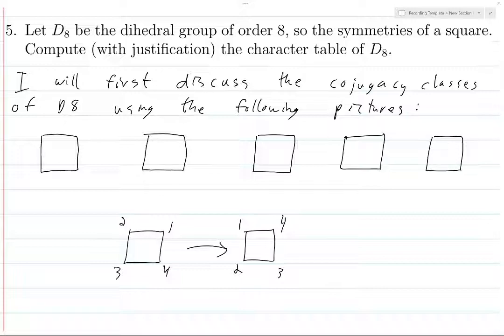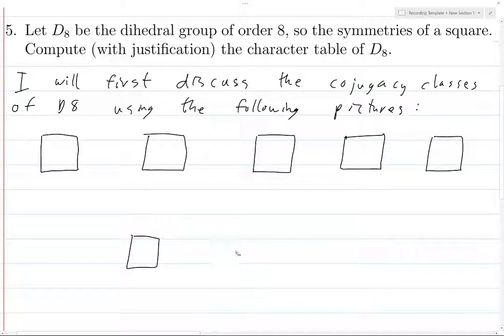And it doesn't matter if you start with 1, 2, 3, 4 here, or any other indexing of these 4 corners. In any situation you can see that going this way 90 degrees and going the other way 90 degrees are sort of the same thing, regardless of which position you're starting in and which position you're ending in.